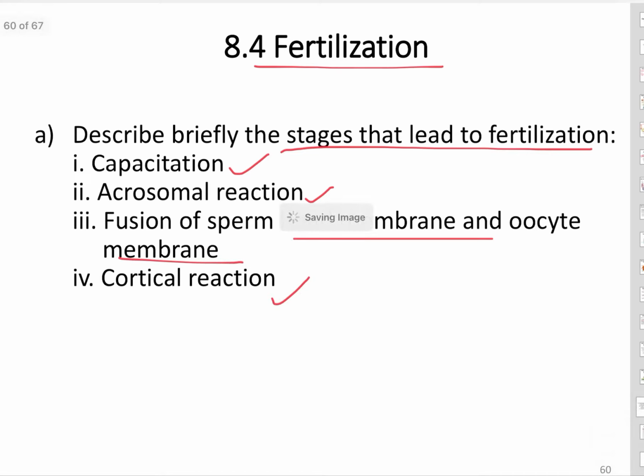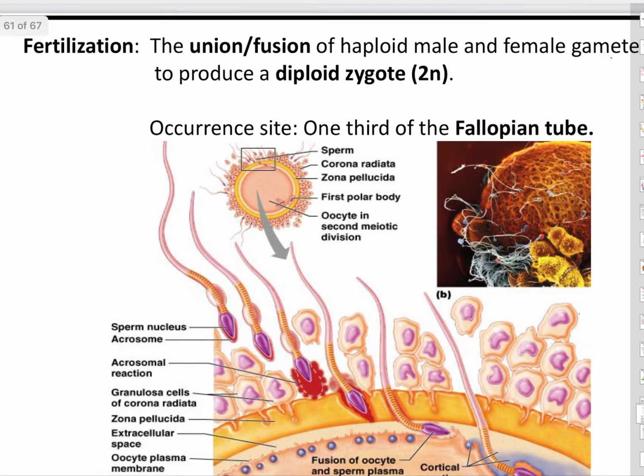Now we're going to look at first the definition of the process of fertilization. It is the union or the fusion of the haploid gamete.